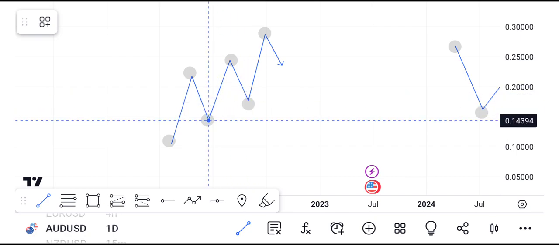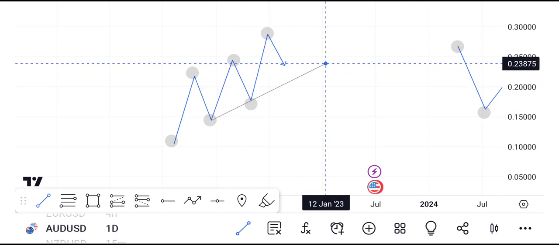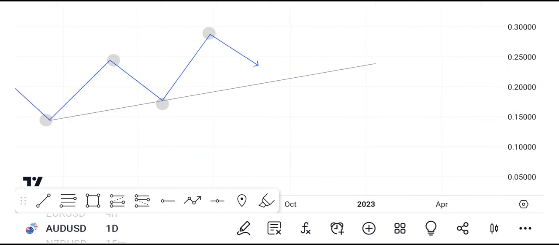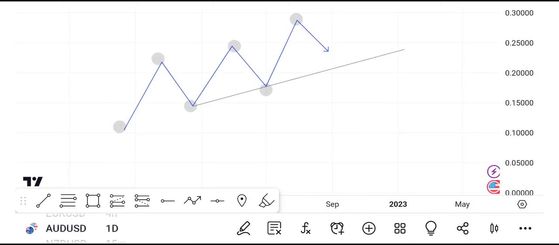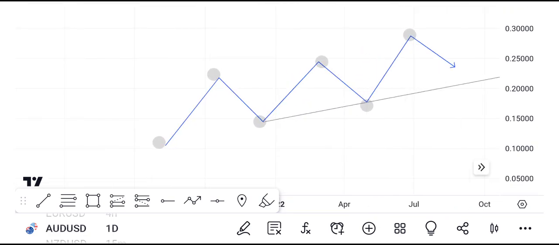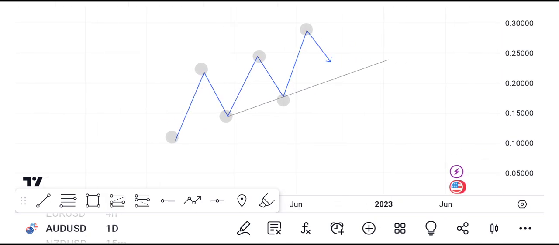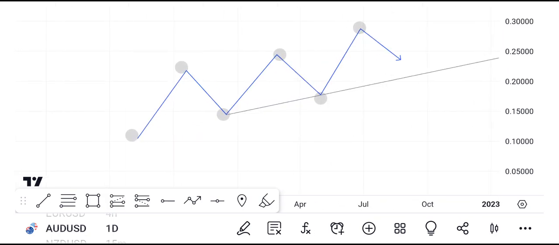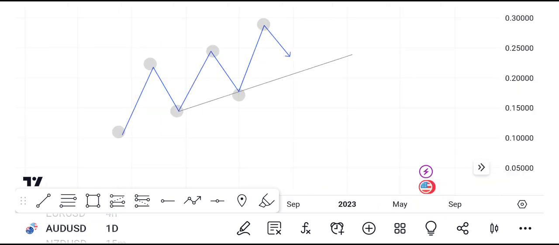This is the first one and the second one. See now, guys, this is why it's important to draw these dots over here, so you can clearly understand the direction of price.